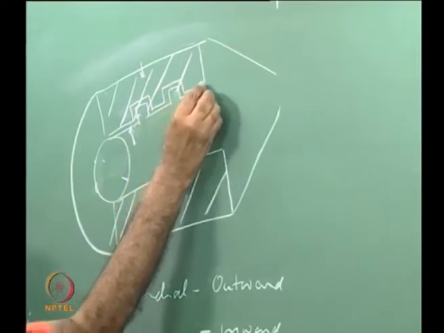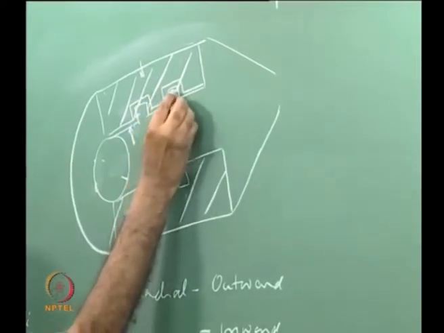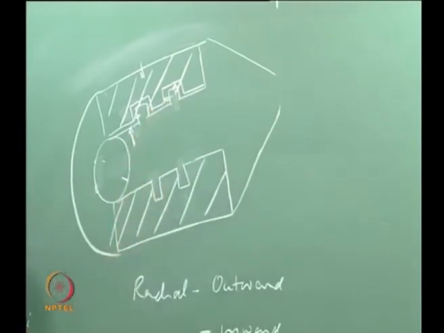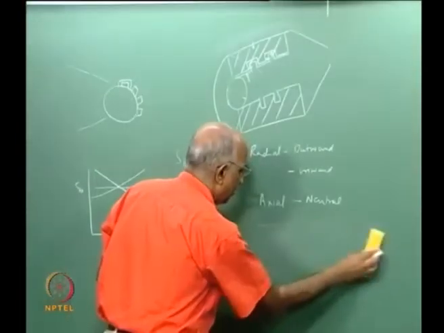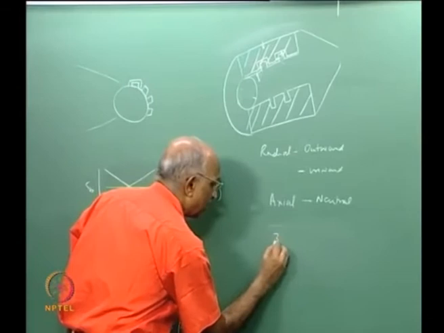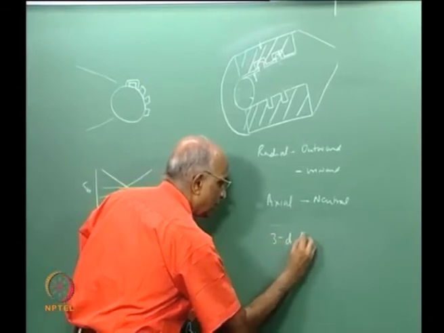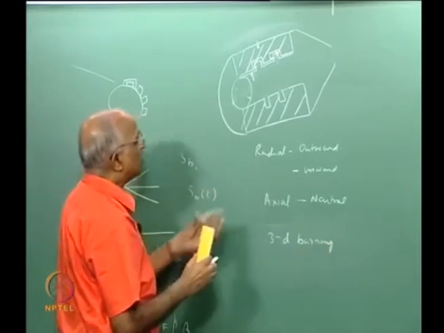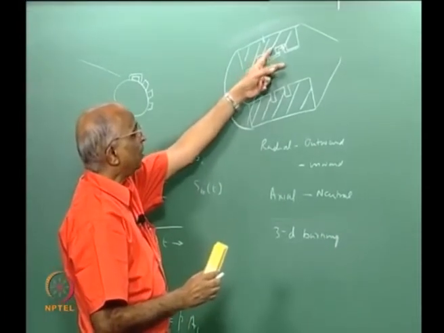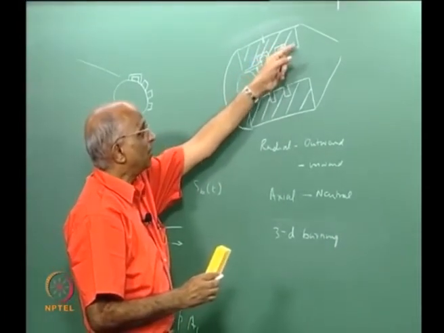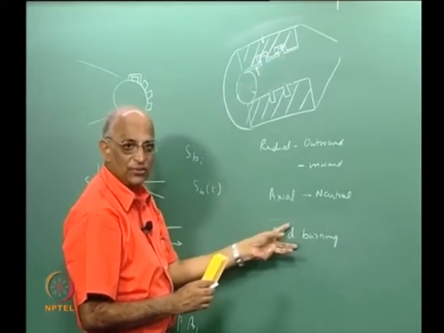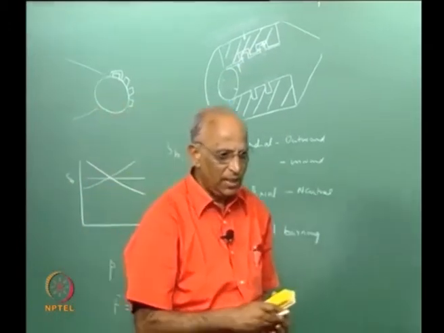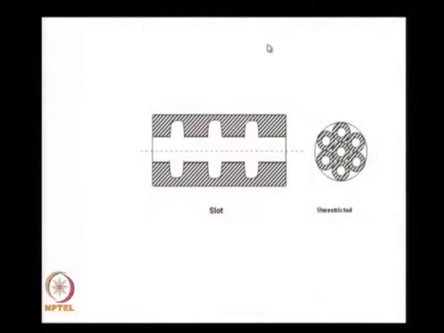It goes both axially and radially, and these are known as radial cum axial burning or 3-dimensional burning surfaces.